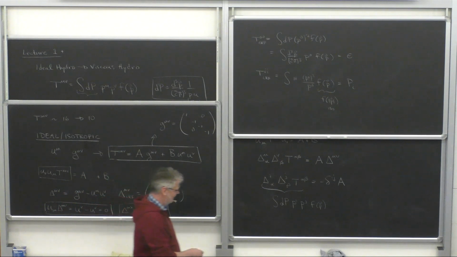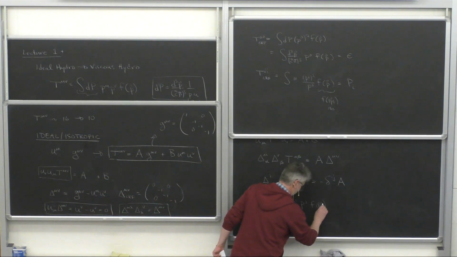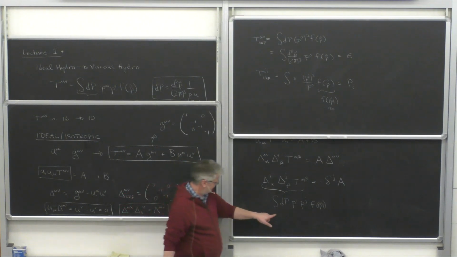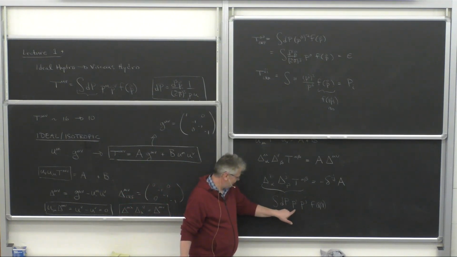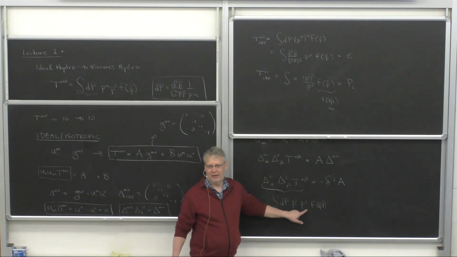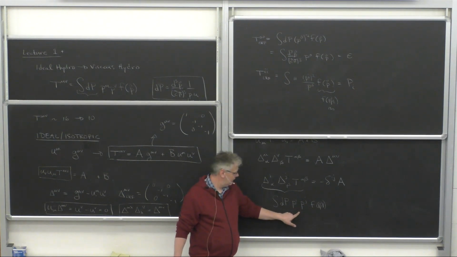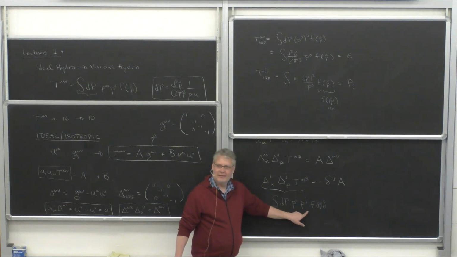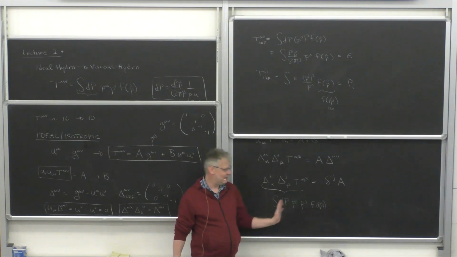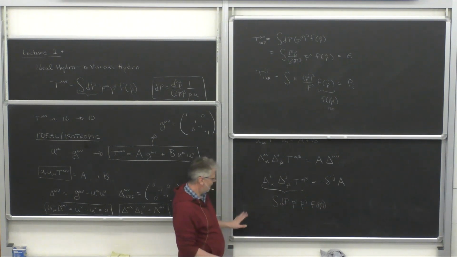Since we're doing ideal hydro, we're going to assume that this thing only depends on the length of p. If it only depends on the length of p, any of these integrals where I have one, like Px, Py, vanishes by symmetry, right? If I have Px, Px, that's going to be non-zero, because it's an even integral, and any of the rest of them are odd.